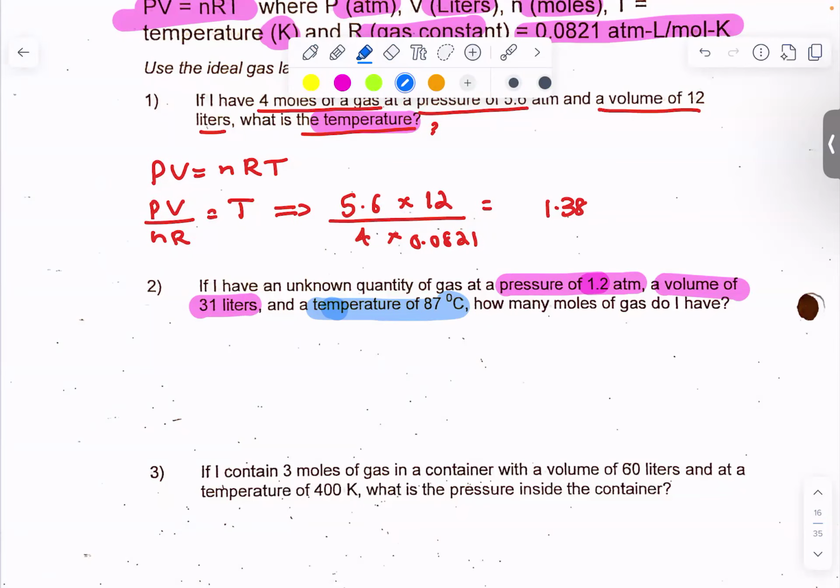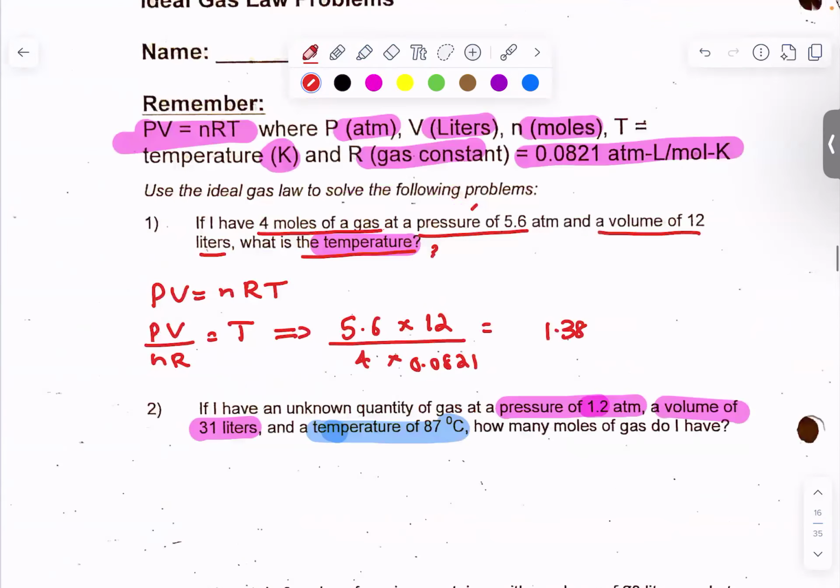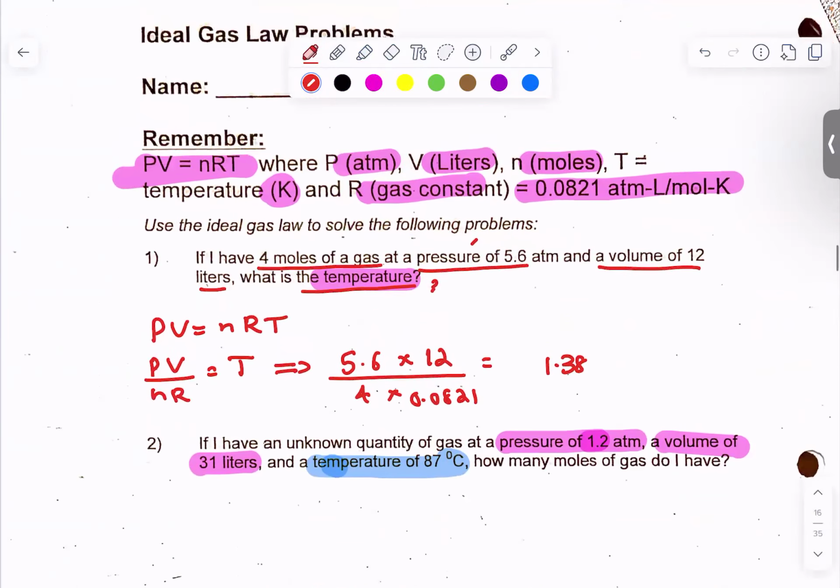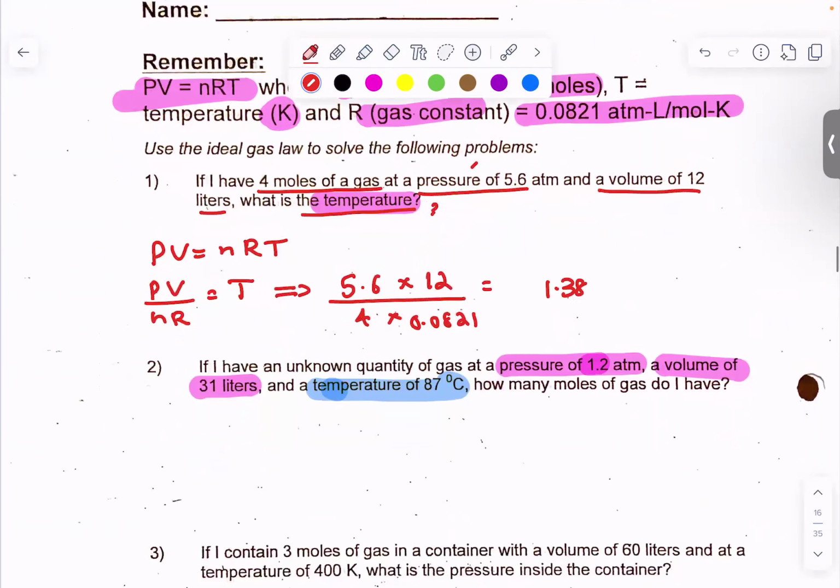Good. 87 degrees Celsius is 360 kelvins. So P is 1.2 times volume of 31 liters over n times 0.0821 equals 360. So 1.2 times 31.